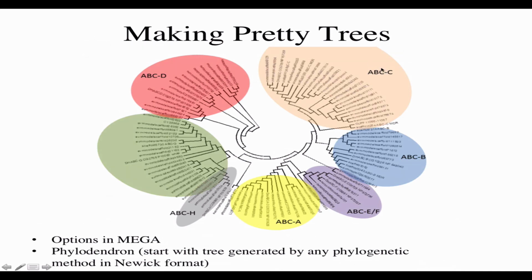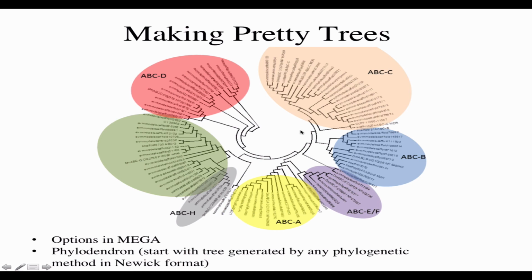Right, so here I was trying to look at the subfamilies of ABC genes, ABC transporters. And the subfamilies were known, and this swoopy, round version of the tree was a lot easier to fit onto a page and allowed me to illustrate the subgroups much more neatly.